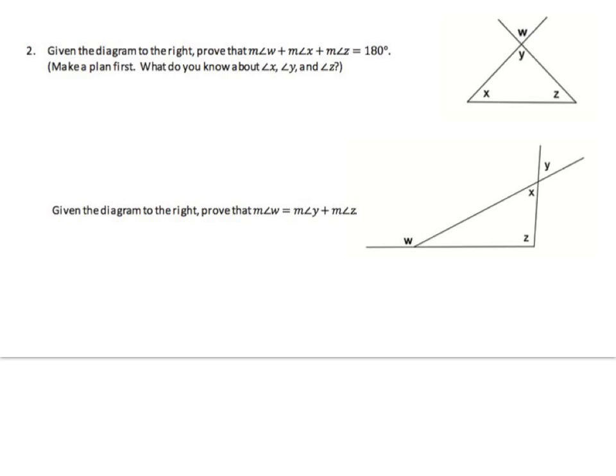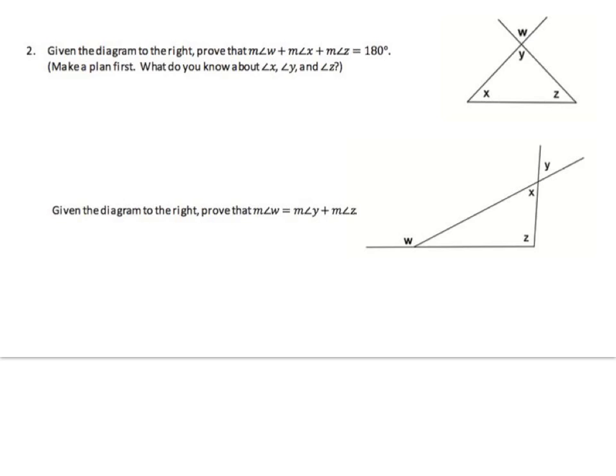Okay, next one. Given the diagram on the right, prove that the measure of angle W plus the measure of angle X plus the measure of angle Z equals 180 degrees. Make a plan first. What do you know about angle X, angle Y, and angle Z? We know that's the sum of interior angles of a triangle.